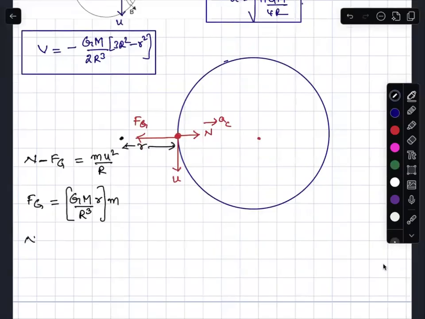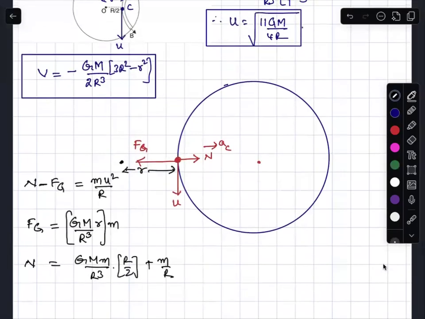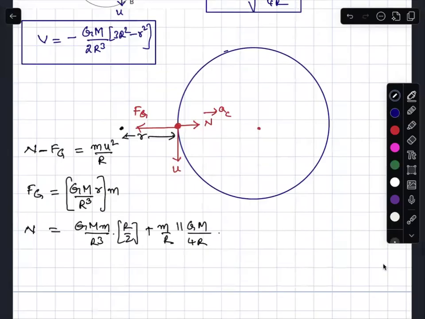So what you will get is N is equal to G capital M small m by R cube times r by 2 plus m by r times v square, 11 G capital M by 4r. By solving which you will get normal reaction as 27 by 4 G capital M small m by r square.